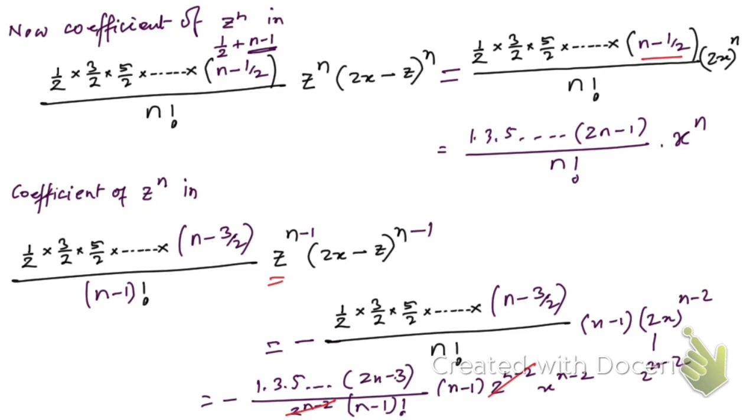So now you see, if you cancel this n minus 1 factorial, n minus 1 factorial means you can say n minus 1 into n minus 2 factorial. It can be written this way. If it is divided by n minus 1, then you're gonna get n minus 2 factorial, right? Hope you have understood this. So cancel this by this n minus 1.